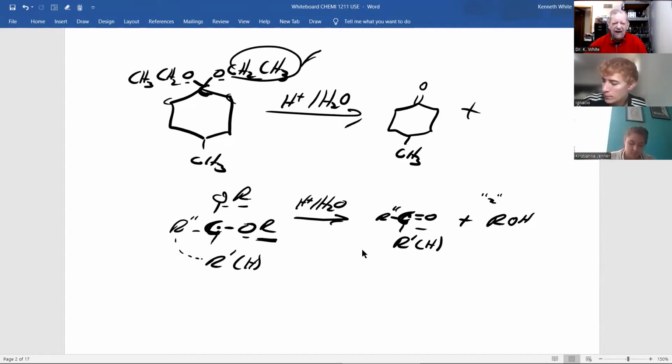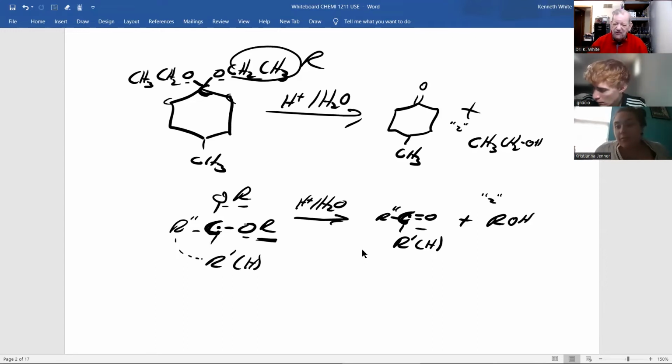Here is my R group. Therefore, my alcohol will be that. And if you want, you could put a 2 there. It's interesting, in the past, I had students put a 2 there and they put the quotes because they think, oh, it's important to have the quotes. I'm just showing you the quotes. That means it's not necessary.